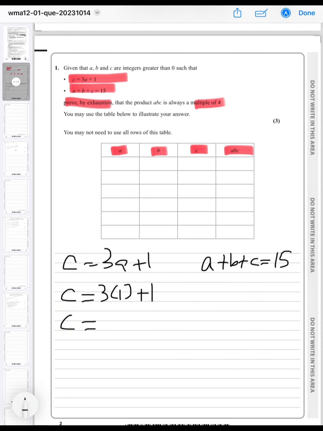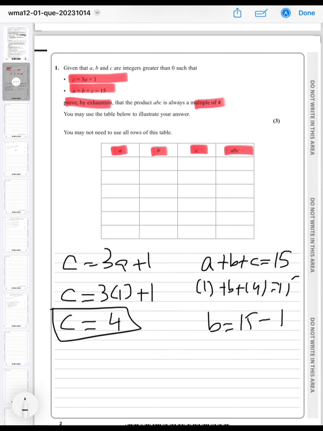By putting a equals 1, we are getting 4 for c, which means a is 1 and c is 4, so b will be 15 minus 5, so this will be 10.